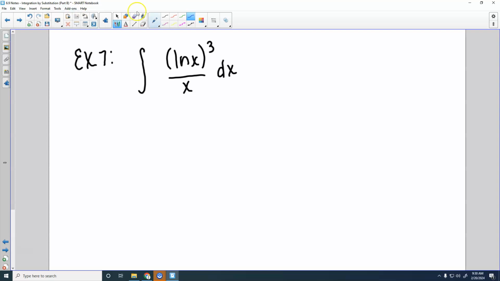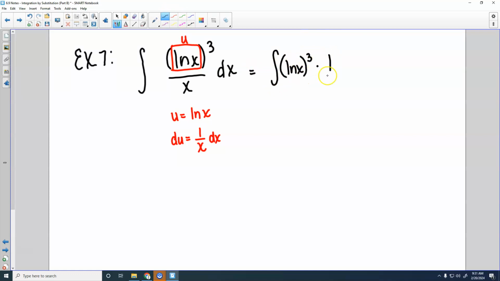Okay. All right. What we're going to have to do for this one is natural log is going to be our u. So if I take the derivative of natural log, what is it? It is 1 over x with a dx. Now, can I pull this apart? Can I make this natural log of x to the third power times 1 over x dx?